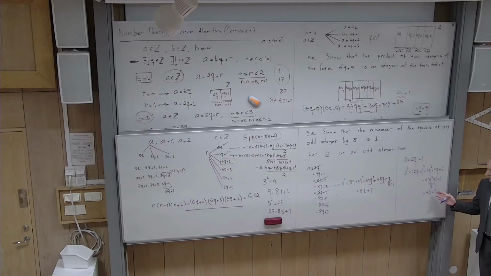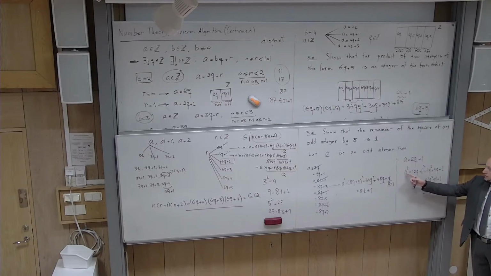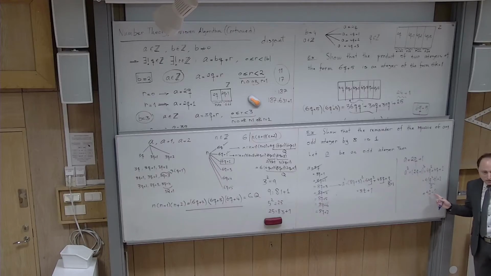It's a valid argument. What I showed is that a to power 2 divided by 4 gives the remainder 1. It's a true statement, but unfortunately it is not the statement demanded in the problem. The problem asks you to show that if you square it and divide it by 8, the remainder becomes 1. Yes? Do you understand the problem?